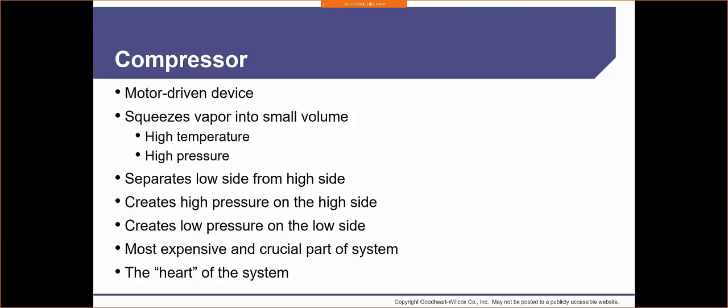We've got that pushing expulsion force coming back to the low side, coming back into the suction, and just completing this giant circle. The compressor is known as the heart of the system. It separates the low side from the high side, creates the high pressure, and creates the low pressure on the low side. All right. It's the most expensive and crucial part of the system.